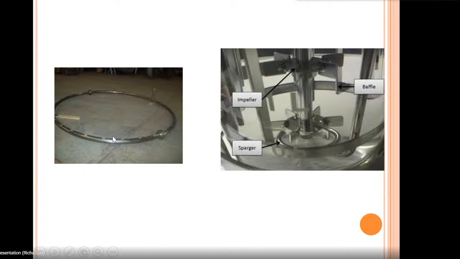So what is the significance of the sparger? As I said, oxygen is to be inoculated inside the fermenter. So it is through the sparger that oxygen will be introduced inside the fermenter at a very high pressure. These are the holes through which the oxygen is going to get inside the fermenter at a very high pressure. Now, whenever oxygen is introduced in the fermenter, why is high pressure used?